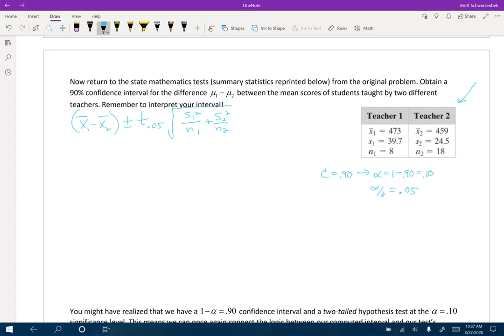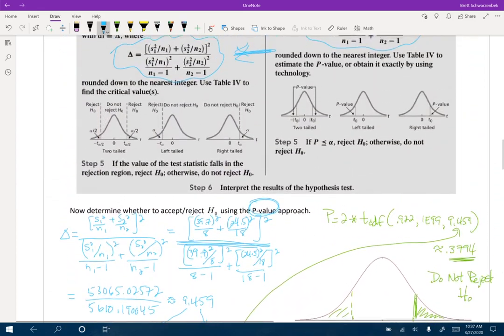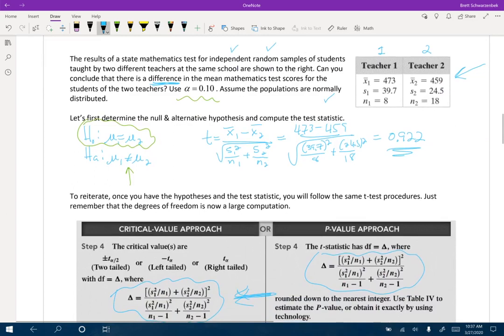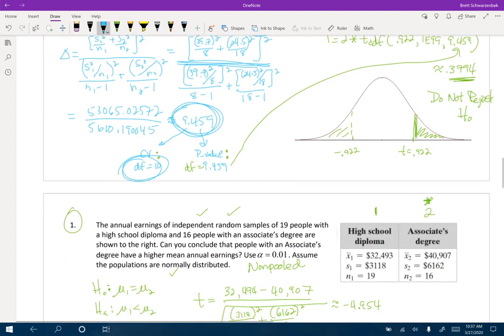Okay, so again, it's all about just plugging in numbers. So 473, 459, plus or minus. If you look up T.05 in your table at the degrees of freedom, remember that if we go back to our math problem here, we calculated the degrees of freedom to be 9.459, but we use df equal to 10 when we have to use the table.